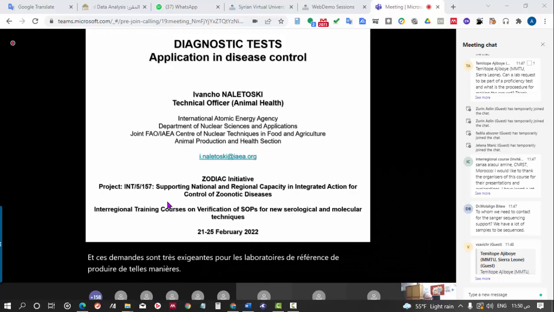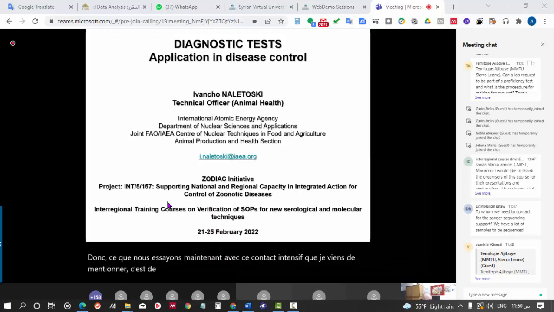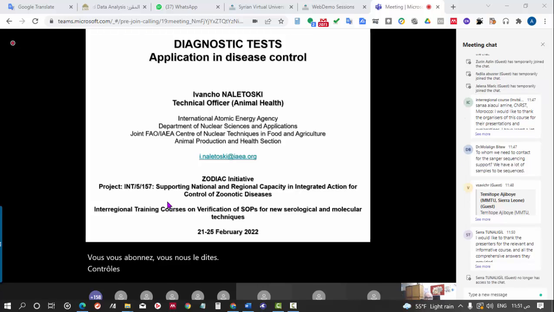So what we are trying now with this intensive contact that I just mentioned is to organize an annual supply through our ongoing project. The annual supply will work like this: we will ask all our partners, can you please subscribe? What do you need for this year? You subscribe, you tell us these controls and these proficiency tests. At the end of February, we close the subscription, so no more subscriptions for that year.